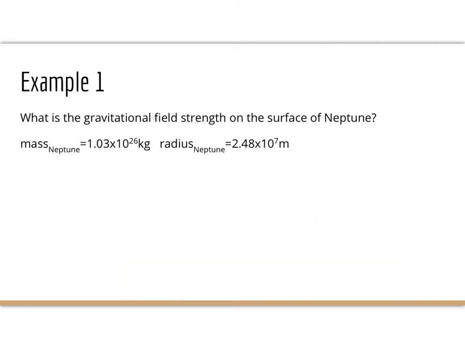So what is the gravitational field strength on the surface of Neptune? We're looking for g. Therefore, we're going to say that gravity is equal to G, the mass of Neptune in this case, divided by the radius of Neptune squared.